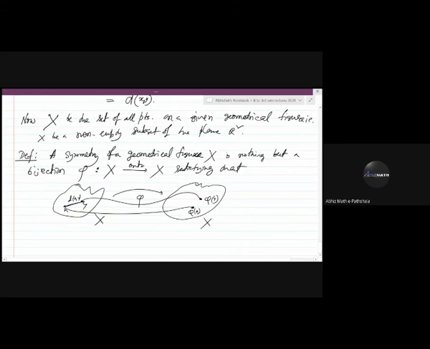Now phi is said to satisfy the property of symmetry if the distance between x and y is equal to the distance between phi x and phi y.